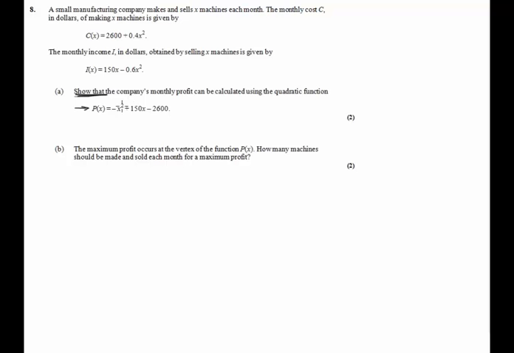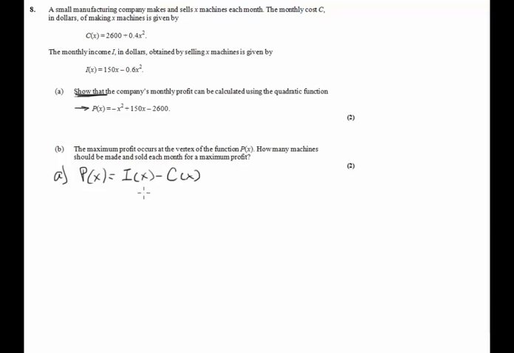And how do you calculate profit? Well, the amount of money you earn minus the amount that it costs. So we can start off by saying P of x equals the income minus the cost.